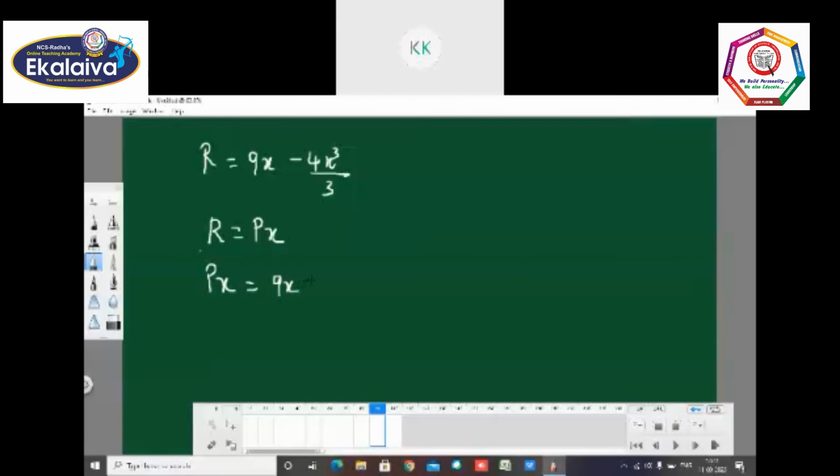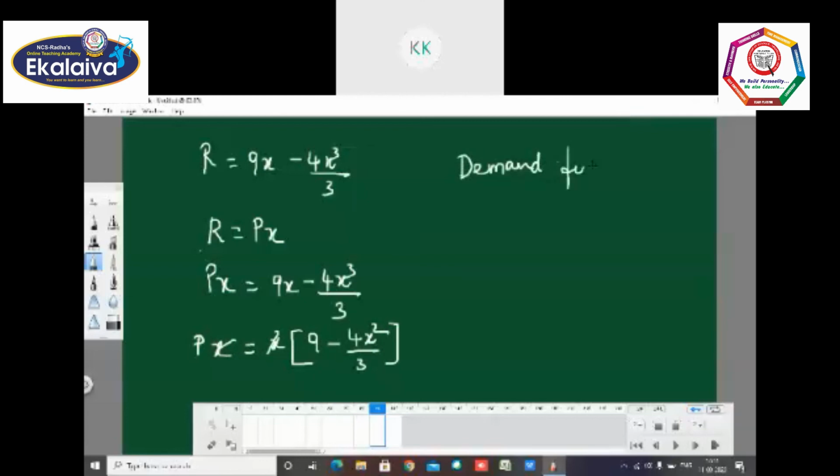You can substitute in this equation x equal to 0, R equal to 0: 0 equal to 9 into 0 minus 4 into 0 by 3 plus k. What is the value of k? k equal to 0.